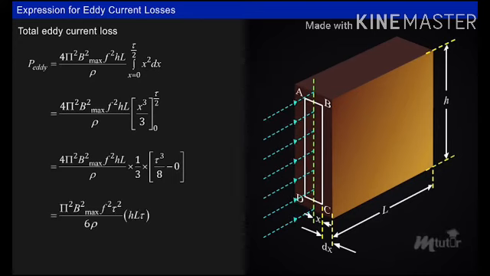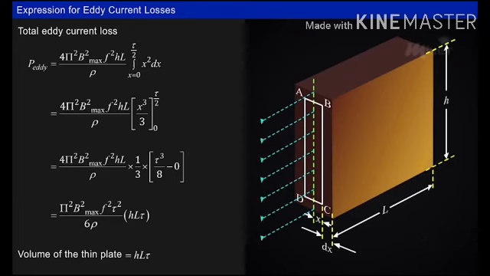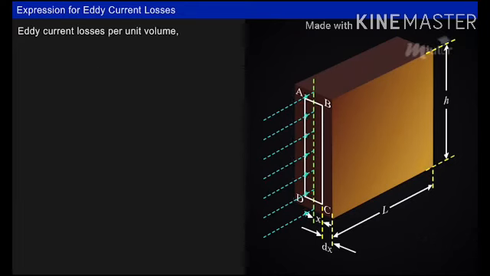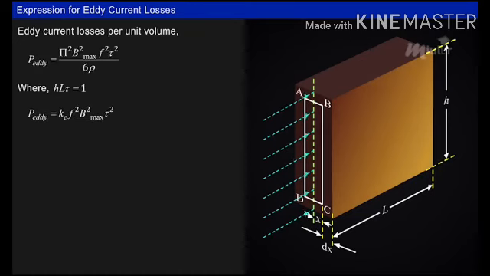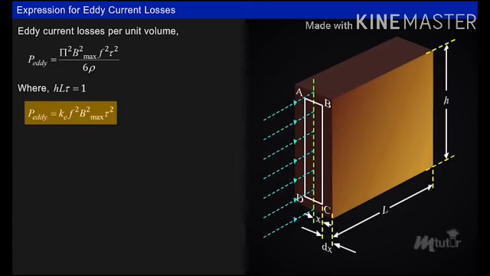The power loss equation can be formed as the volume of the thin plate is equal to HL tau. Eddy current losses per unit volume is given by, finally, the eddy current loss equation is reduced to P eddy equal to Ke into f square into B max square into tau square.